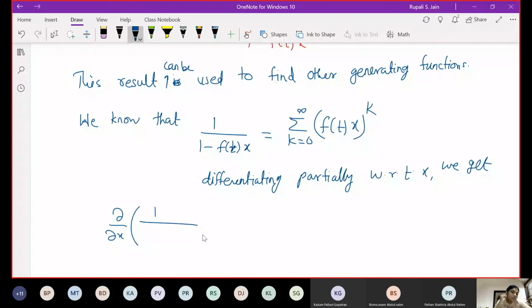So can you tell me what is ∂/∂x of 1 upon 1 minus f(t)x?